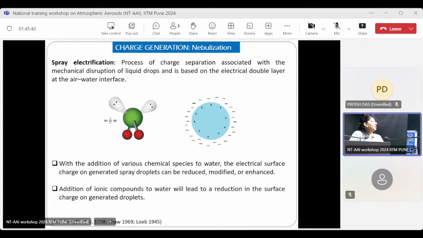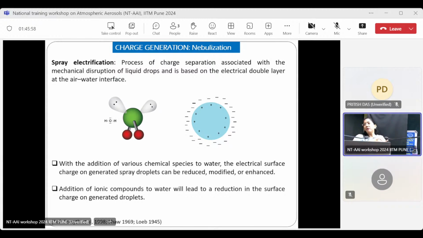In most cases, we are dissolving some salt in water. And what is water? Water is H2O, which has this type of structure. The dots you are seeing are the lone pairs on the oxygen.